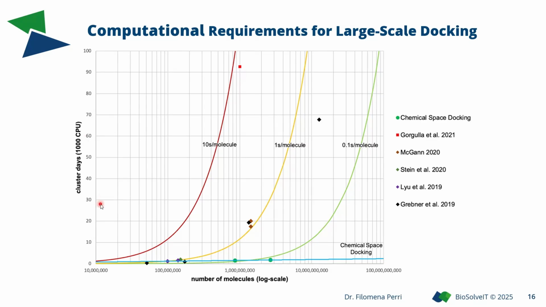If we use standard docking approaches, like here in red, yellow, and green, even when the docking of a single molecule would take 0.1 seconds per compound, 1 second or 10 seconds, this seems nothing if we're talking about a single compound, a couple of them, maybe 10, or a bunch of compounds.